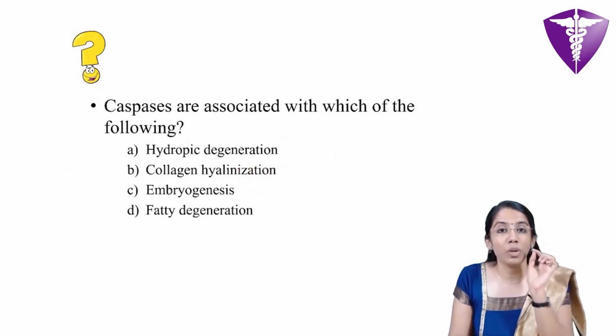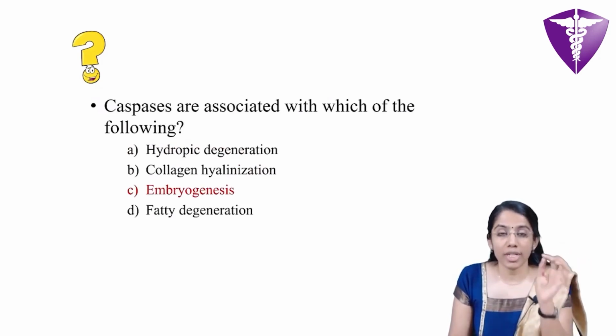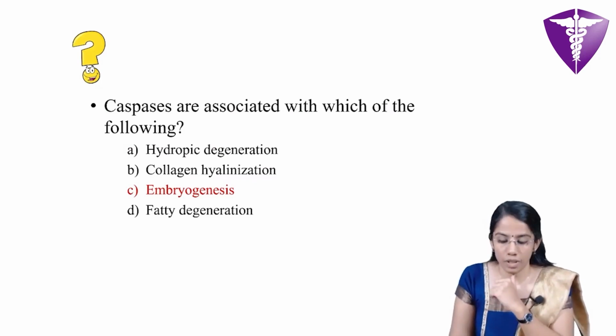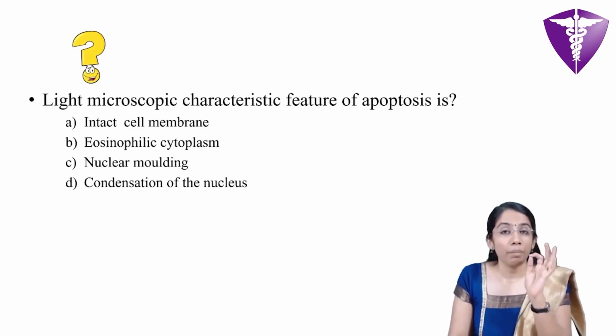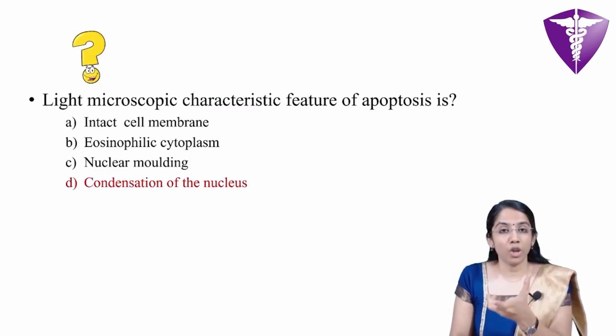Caspases are associated with which of the following? So we just now read that embryogenesis is a condition. Embryogenesis means normal involution during development in which physiologic apoptosis can occur. So that is the answer. Light microscopic characteristic feature of apoptosis: the most characteristic light microscopic feature is said to be condensation of the nucleus.